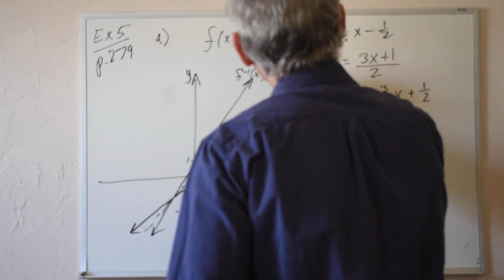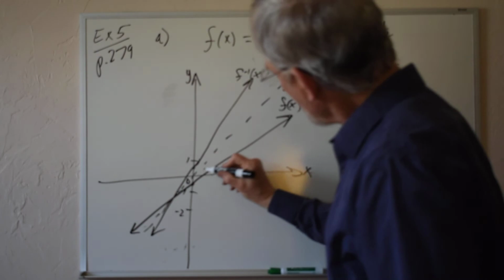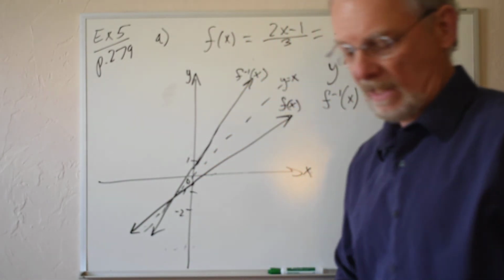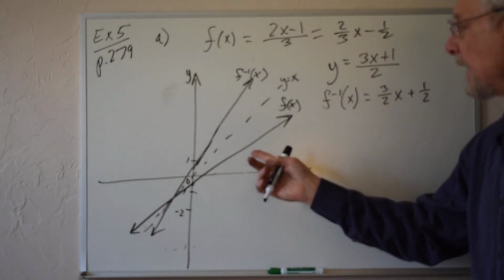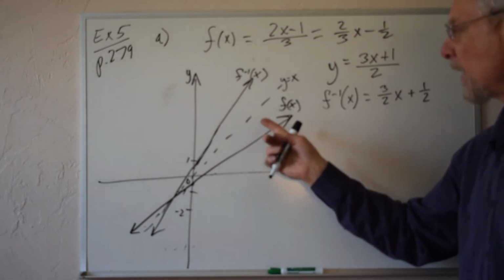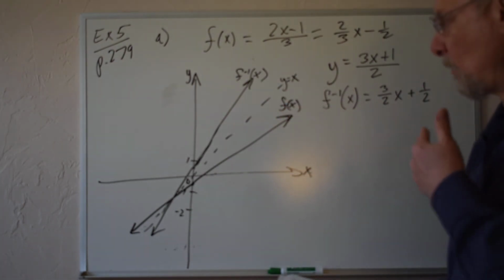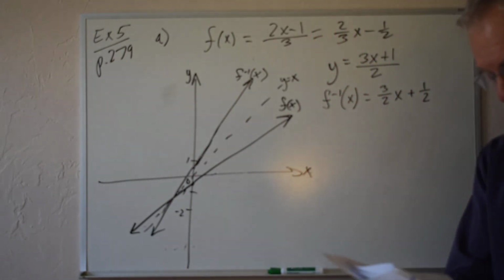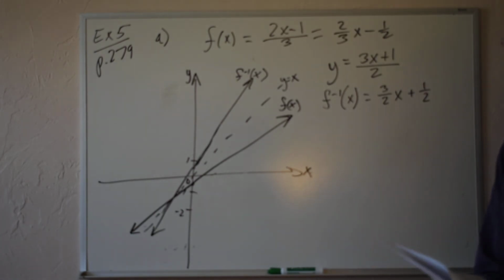Well, of course, it's the line y equals x. So this is a new kind of symmetry. My line's a little wobbly there, but you get the idea. We say that these graphs are symmetric about the line y equals x. You just flip them over around that 45-degree angle and they land on each other.